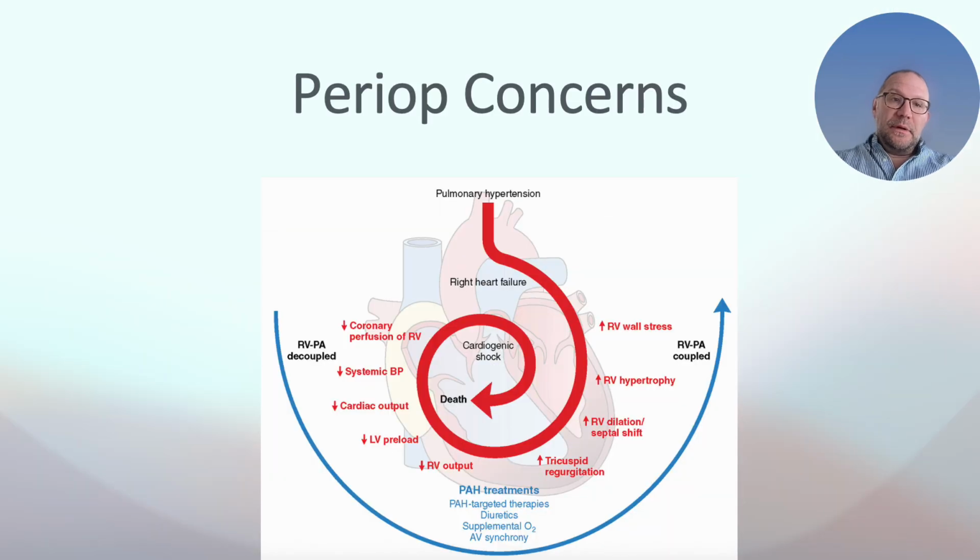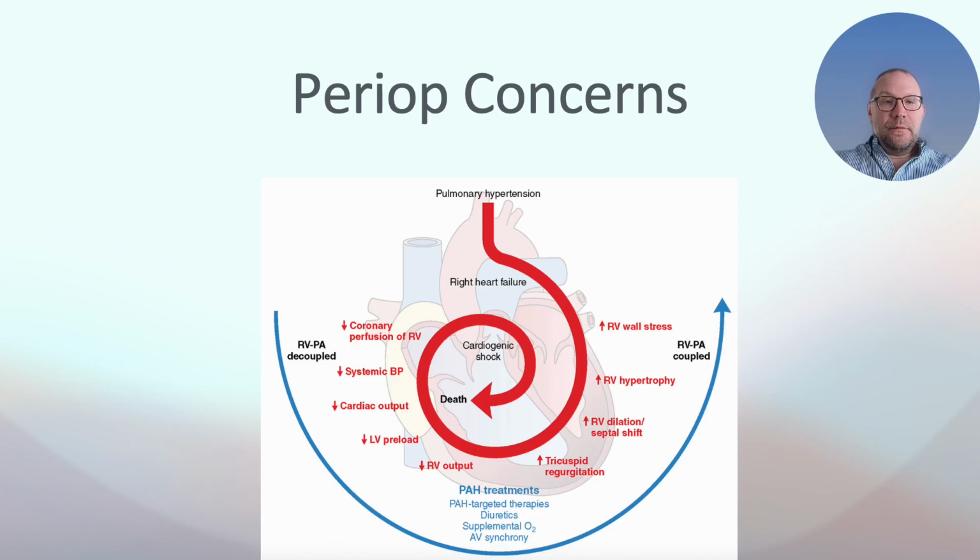I really think this slide is a great pictorial of the perioperative concerns, and it moves into this spiral of patients with PH and why they decompensate in a perioperative setting, in particular with right heart failure. And there's this idea of how well is their coupling, so how efficient is the RV as you're going into the intraoperative phase.